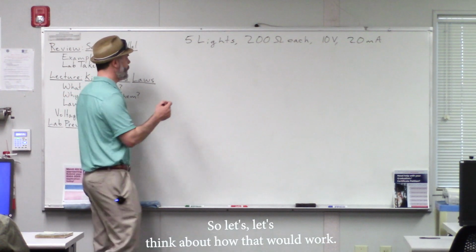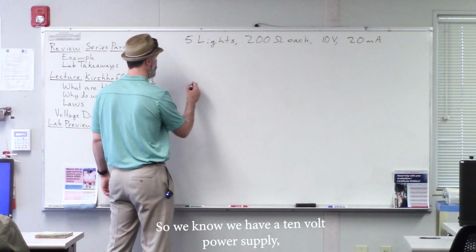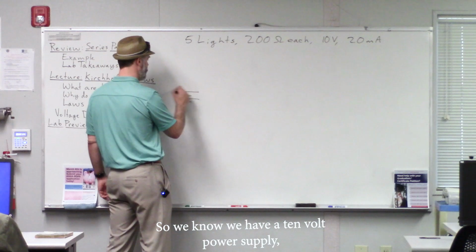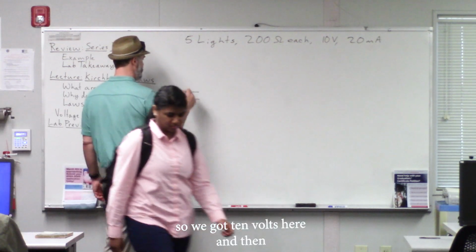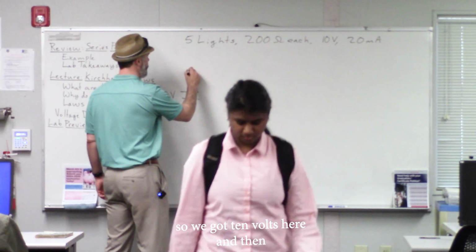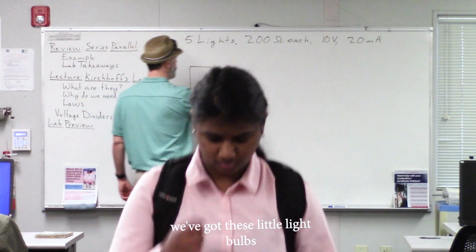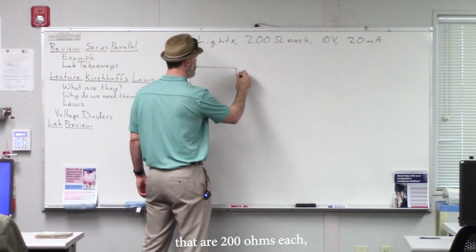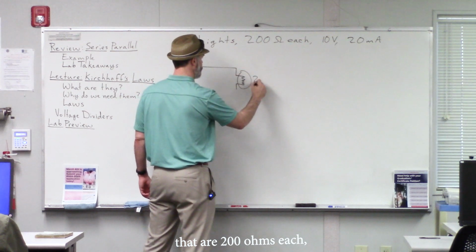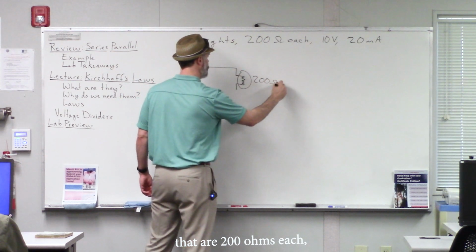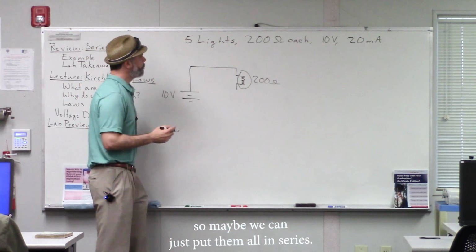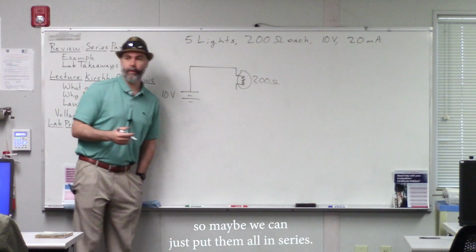So let's think about how that would work. We know we have a 10-volt power supply. So we got 10 volts here, and then we've got these little light bulbs that are 200 ohms each. And we know that we have 5 of them. So maybe we can just put them all in series.